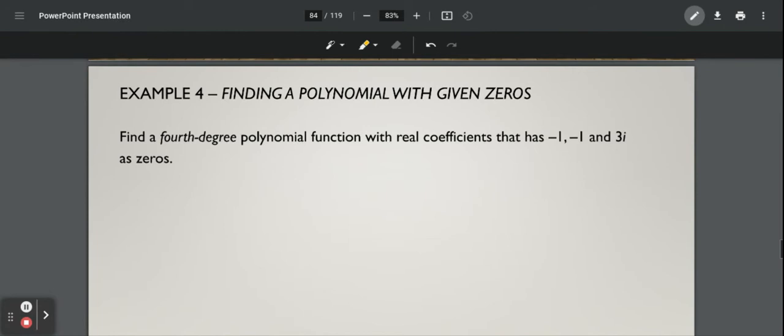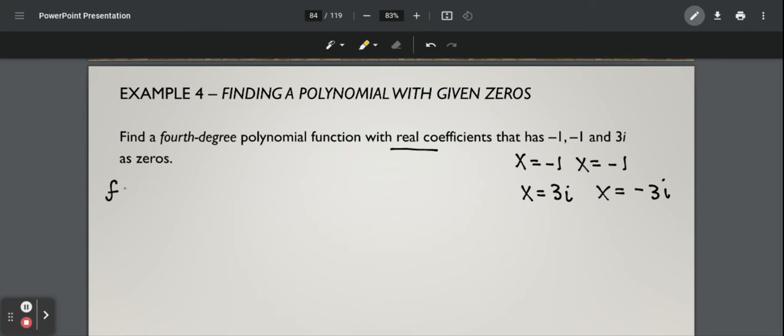So we need a 4th degree polynomial, and we have zeros at x equals -1, another one at x equals -1, and then we have x equals 3i. And because we have a polynomial with real coefficients, we also have to use the conjugate, so -3i.